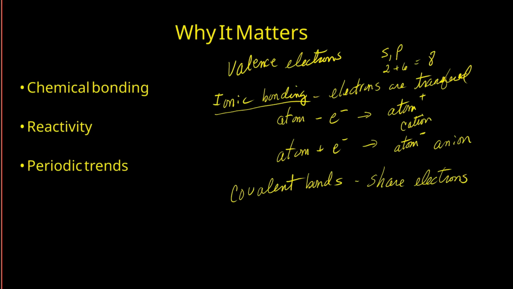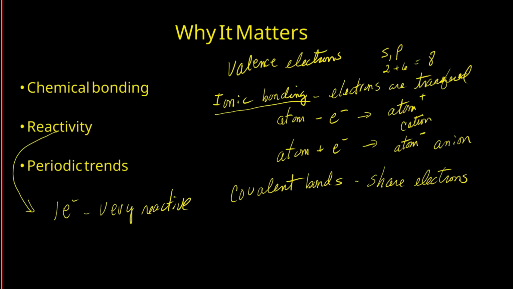When describing reactivity, atoms which have 1 electron in the outer shell are very reactive metals. They're very unstable because they have only 1 electron in the outer shell.